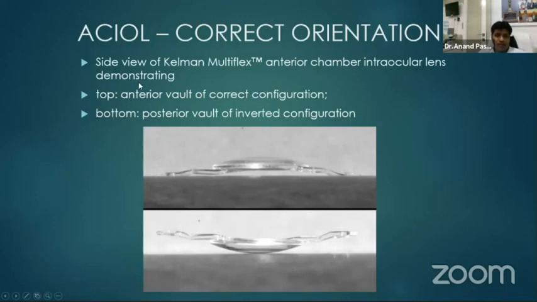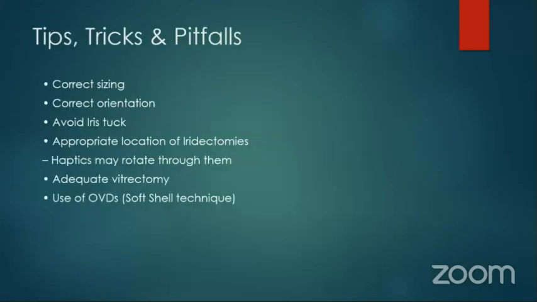The top view is the correct orientation, so that the ACIOL has a vault anteriorly, and the lower one is the orientation in a flipped IOL. This causes complications like raised IOPs, synechiae, and all of these problems.